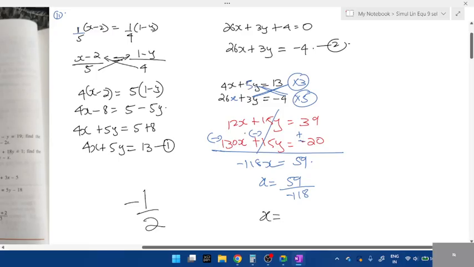Tell me, Joven. Got the answer? What did you get x value? And how did you divide? 15 and 1 are 118.